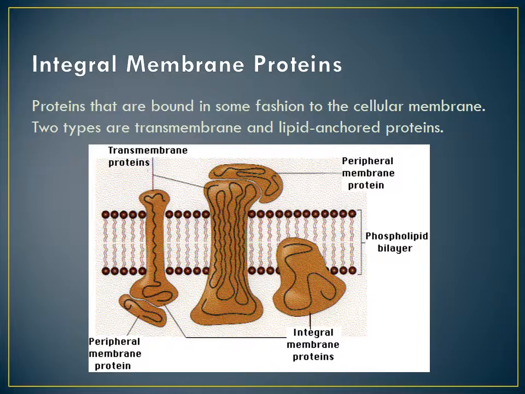There's a hydrophobic section of it. This one on the far right is still an integral membrane protein. It's not trans. It doesn't go all the way across. But it is rooted in the membrane. These integral membrane proteins are going to be important for cell signaling. They're important for cell transport, getting things in and out of the cell.